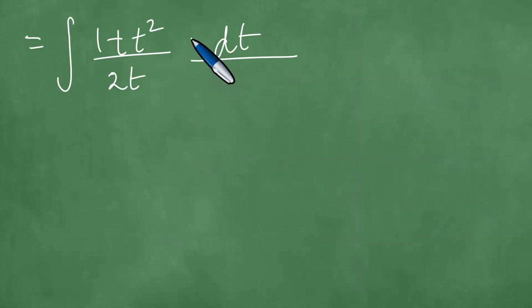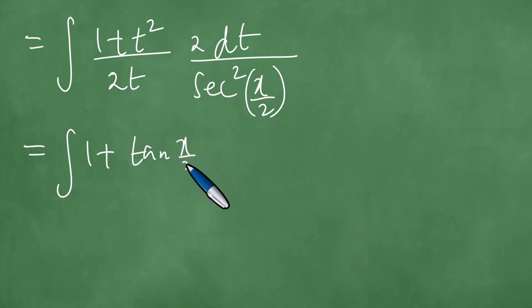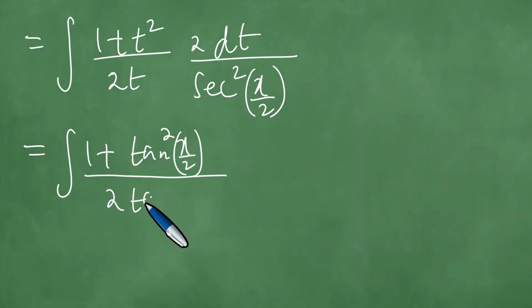Just write that one down. The secant squared of x over 2 is 1 plus, now t is the tangent of x over 2, but this is squared, and this is divided by 2 times the tangent of x over 2.